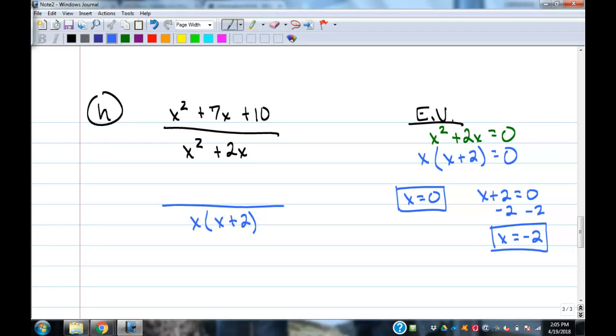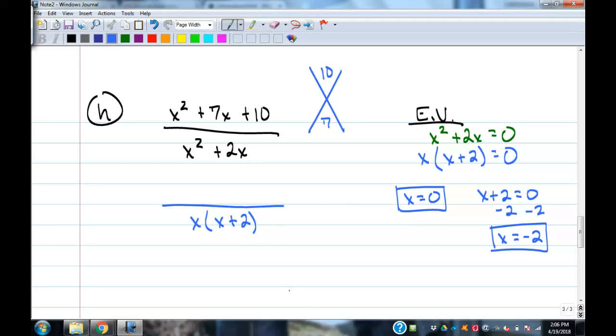All right. Now, how do I factor the numerator? Okay, I look for a GCF first. There's not one. There's 3 terms, so I do X method for that. What goes on the top? 10. 1 times 10 is 10. 7 goes in the bottom.